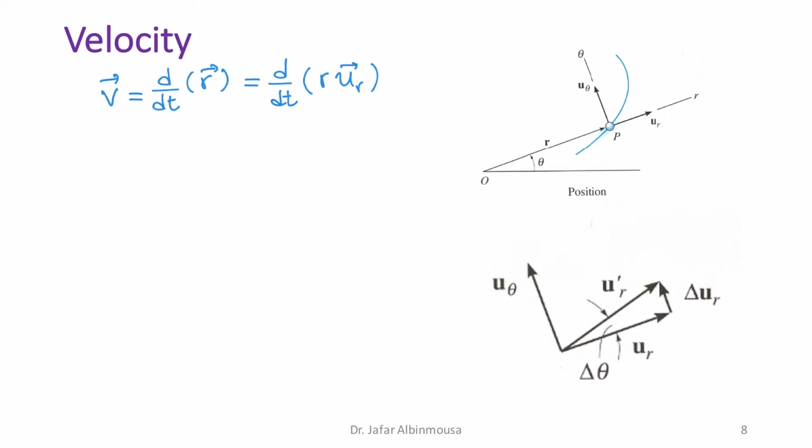Now, here again, similar to the normal-tangential system, the unit vectors rotate and move with the particle. So we need to be very careful. The derivative here has to be applied to both the magnitude as well as the unit vector. So this is going to give us r dot ur plus r multiplied by ur dot.